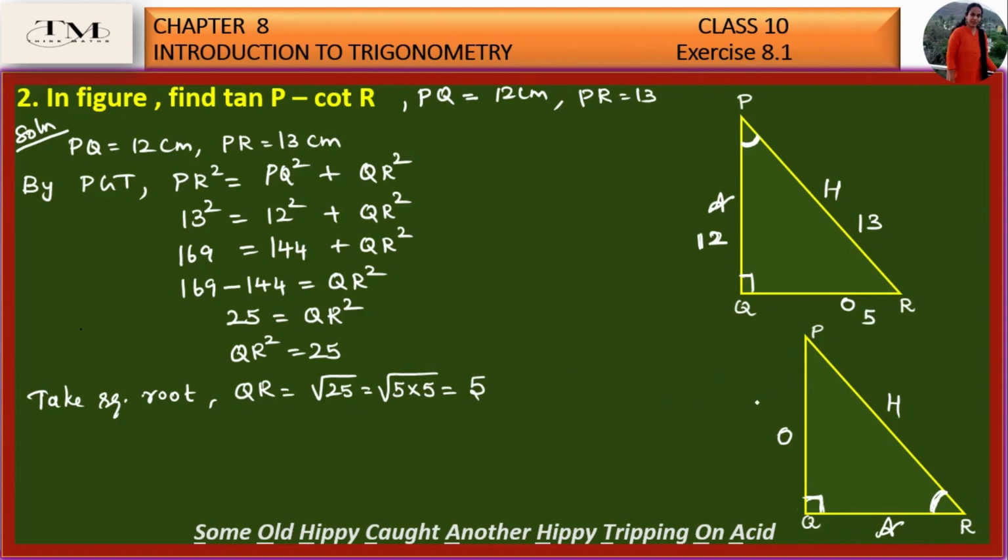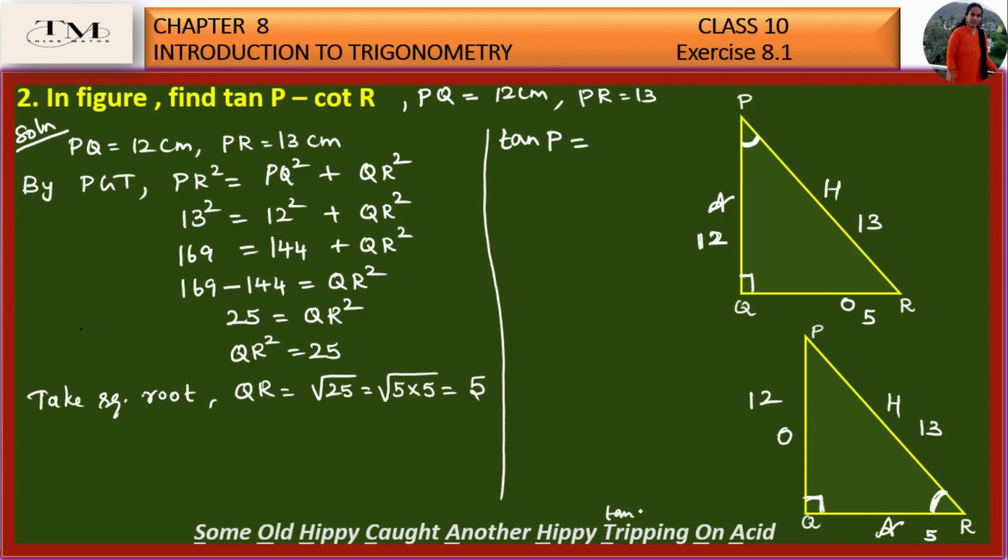So we got PQ is equal to 12, PR equal to 13 and QR equal to 5. Now we have to find out tan P and cot R. What is tan P?